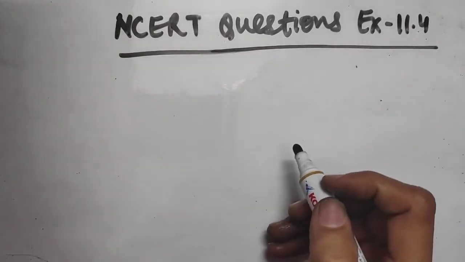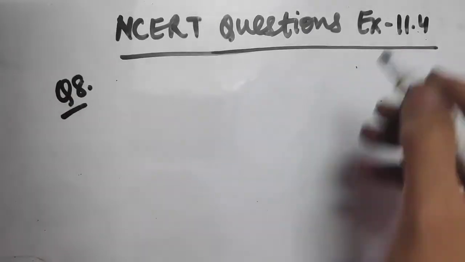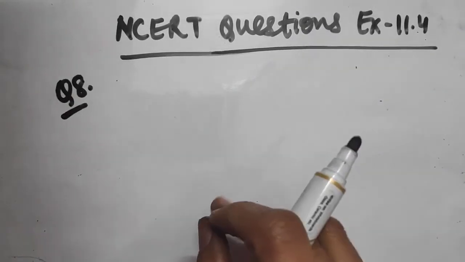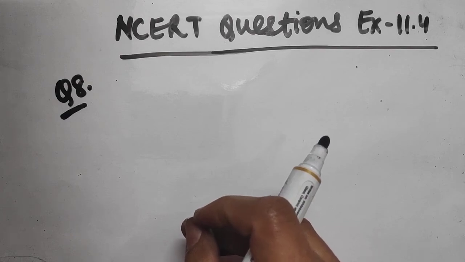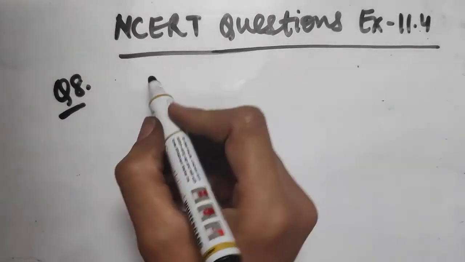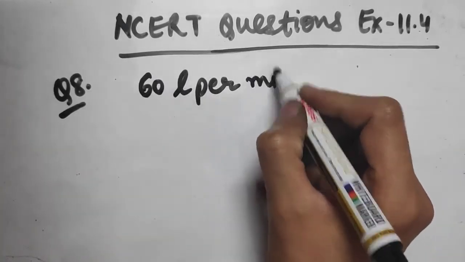Let us discuss now question number 8 of exercise 11.4. Question number 8 is, water is pouring into a cuboidal reservoir at the rate of 60 liters per minute.